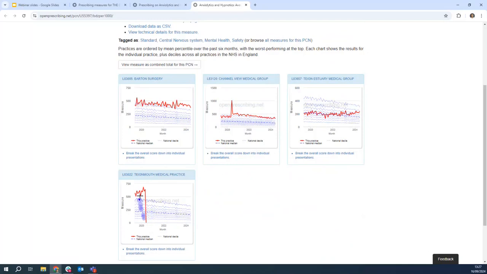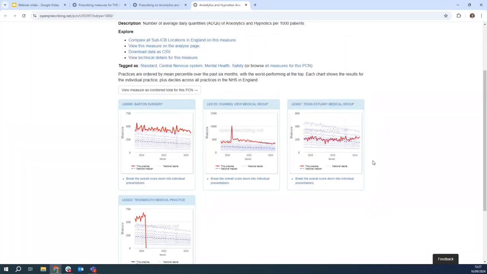Obviously this is the one that's closed, so there's nothing really relevant there. And again, you'll see these are ordered from best to worst, or however you want to phrase that, highest to lowest. So Barton Surgery seems to prescribe the most of these drugs per 1,000 patients.